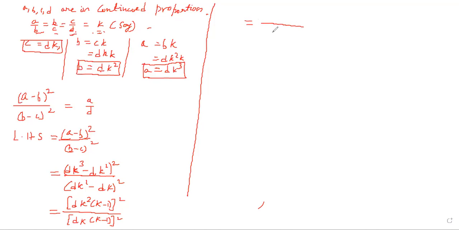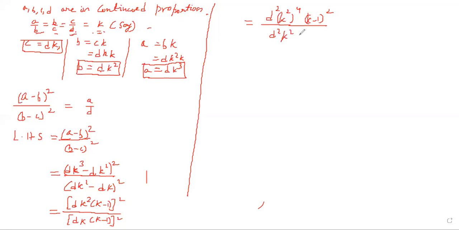So when we expand this square, DK square, so D square, K square whole square is K to the power 4, over K minus 1 whole square.